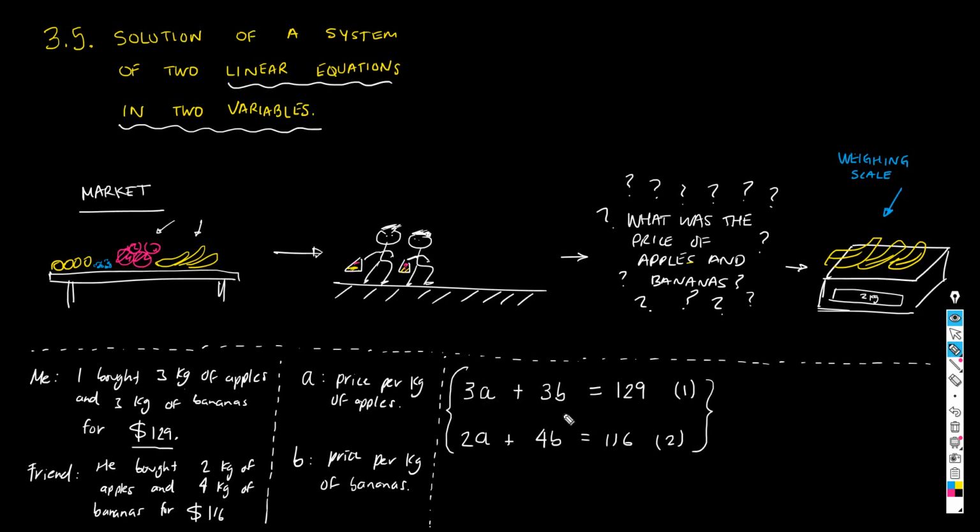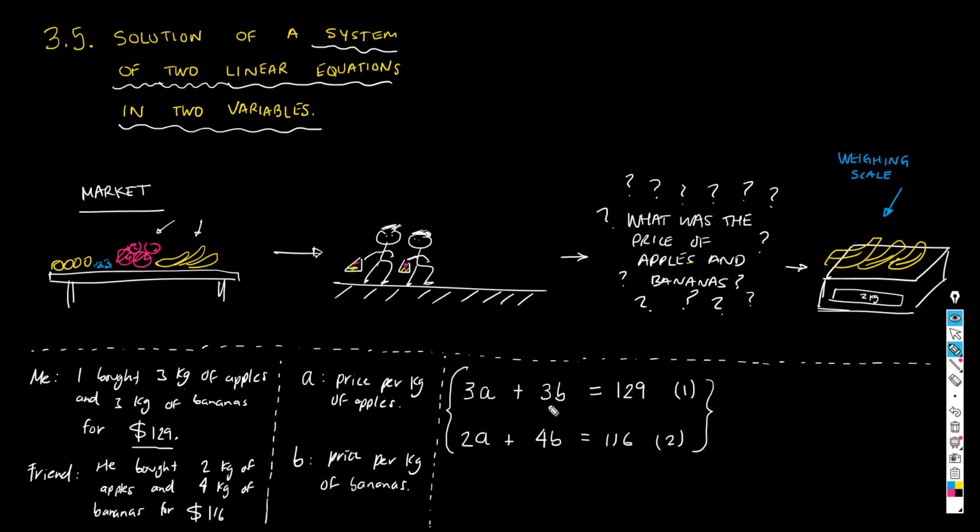So you can see this as a couple of simultaneous linear equations in two variables. And that's why also we have this word 2, because you have two equations which are linear, and they both have two variables. So now you see why we call them in this way. And when you take them as a whole, that's why we call them a system of two linear equations. So now you understand why it's called this way.